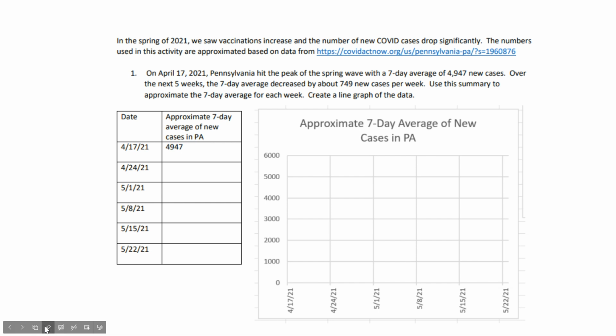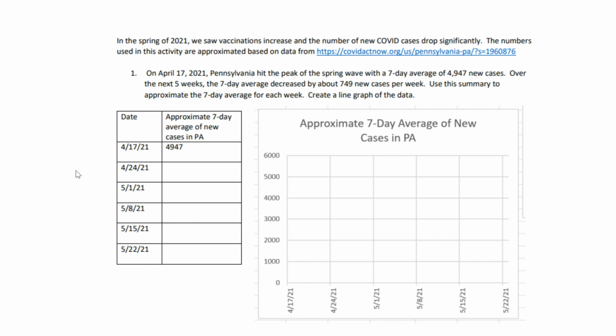So in order to do this, I want to really think about what the word decreased means. To me, that is a subtraction word. If something's going to decrease, it's going to go down in value, and mathematically, that is subtraction.